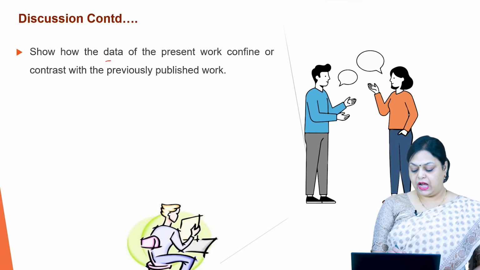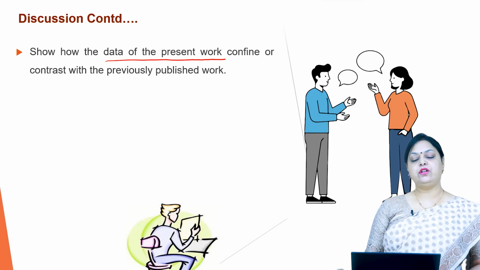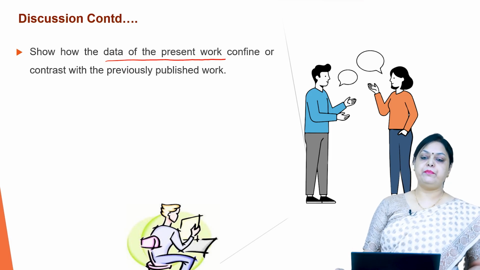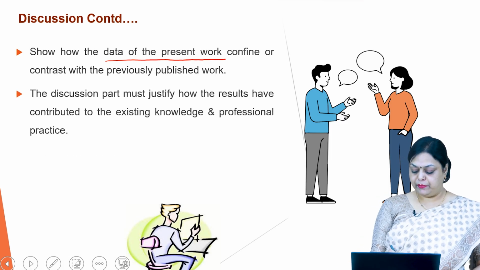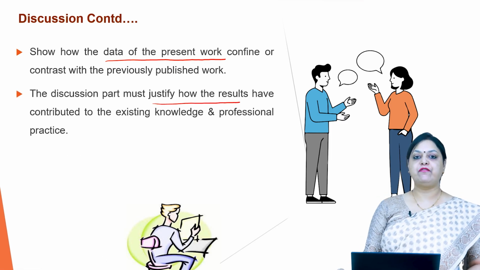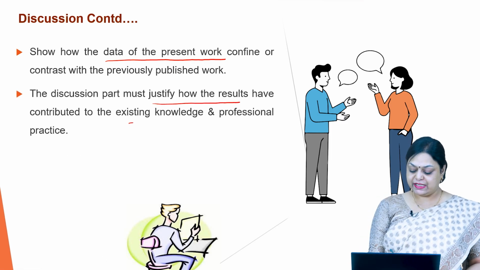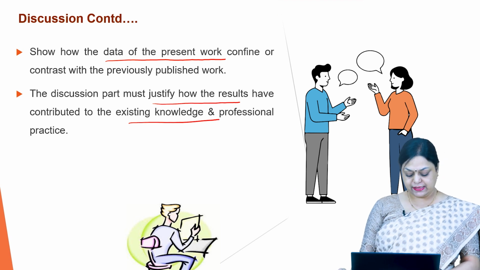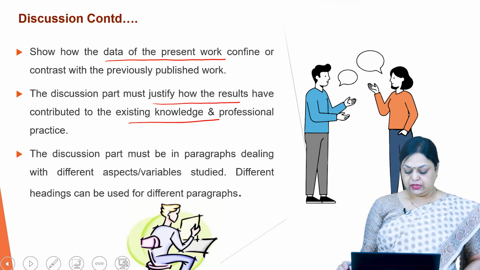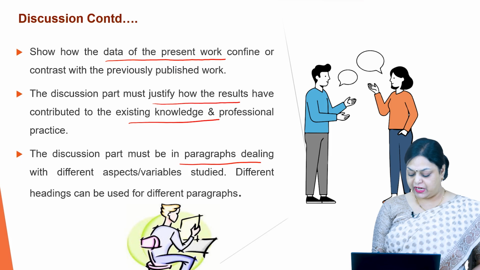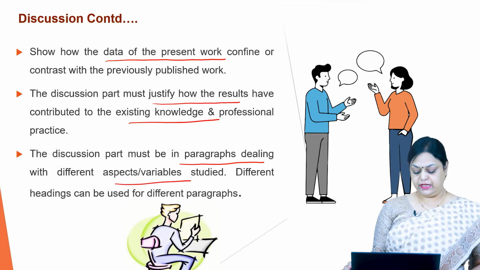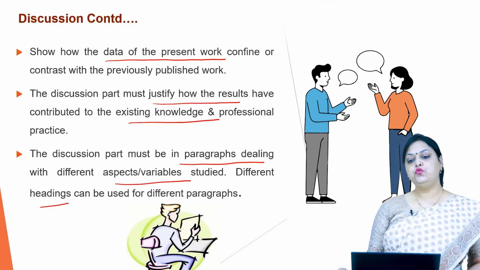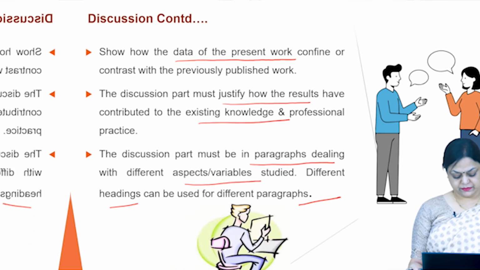Show how the data of the present work confirm or contrast with the previously published work. The discussion part must justify how the results have contributed to the existing knowledge and professional practices. The discussion part must be in paragraphs dealing with different aspects and variables studied. Different headings can be used for different paragraphs.